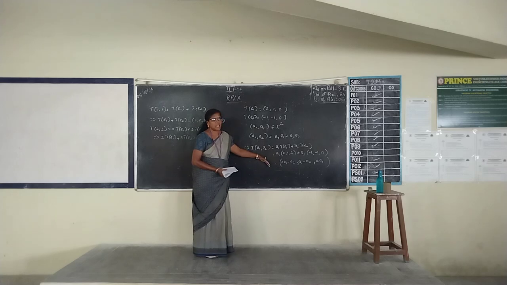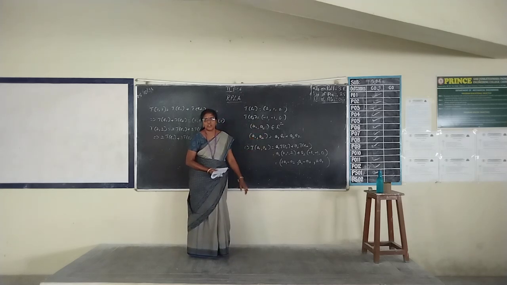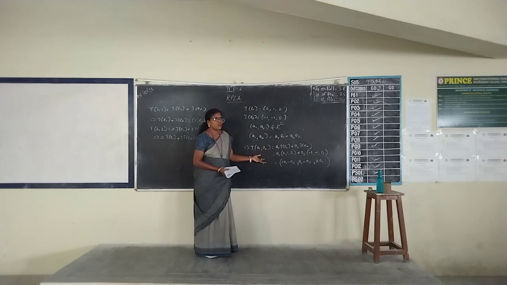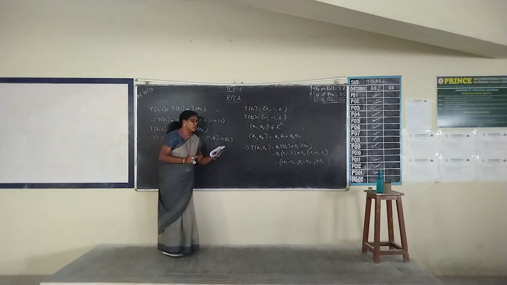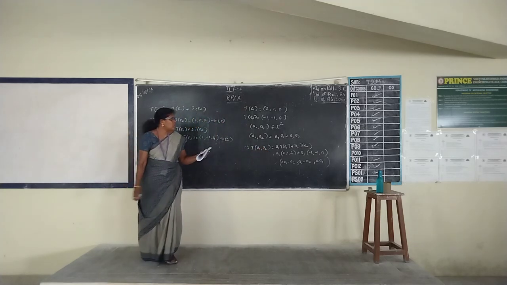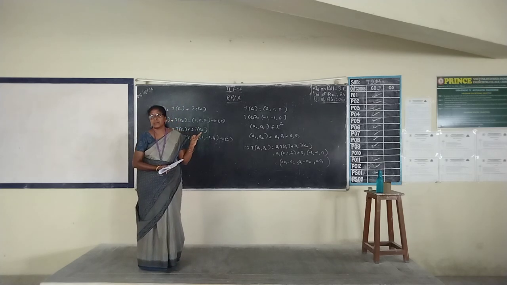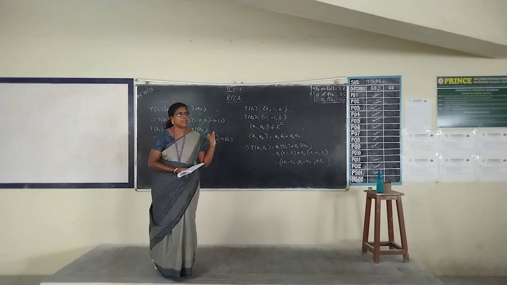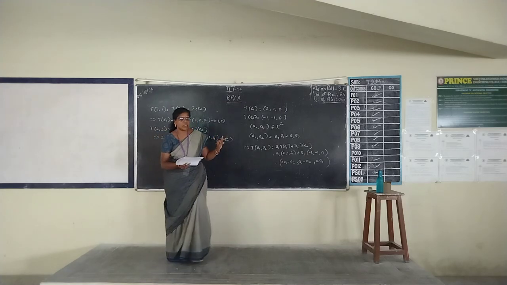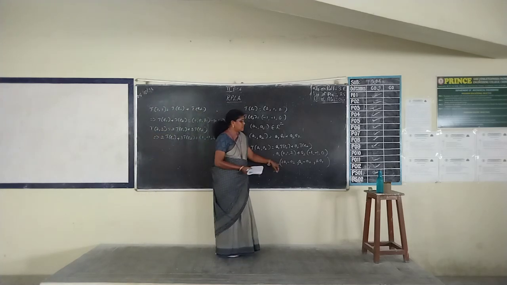Using this relation, the given elements are transformed to elements in our R cube. You can cross verify. What is the condition given? T of (1, 1) should be equal to (1, 0, 2). So what is a1? 1, and a2 is also 1. Replace and check whether it is the answer or not.